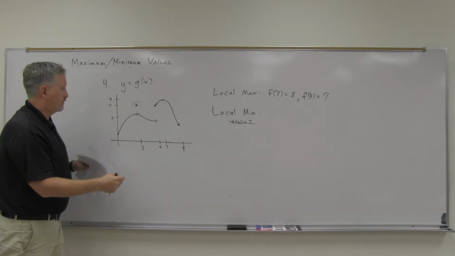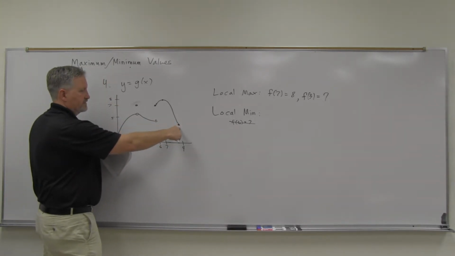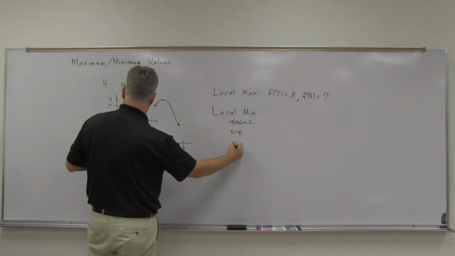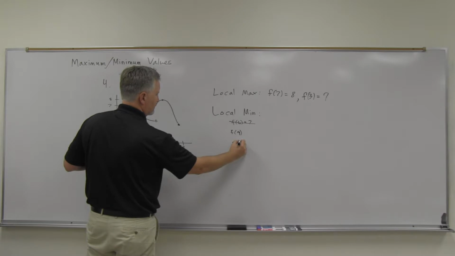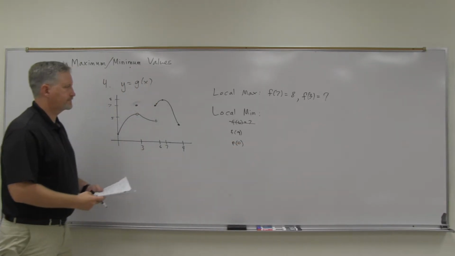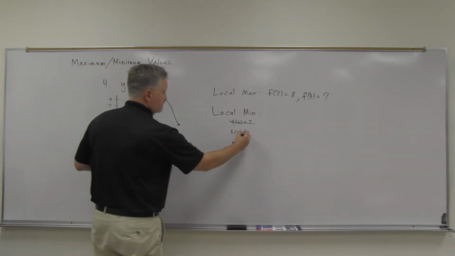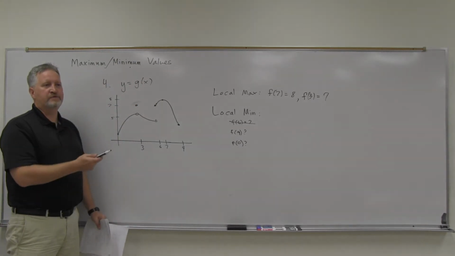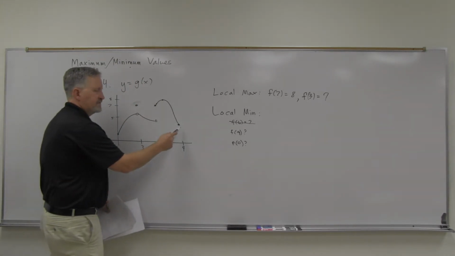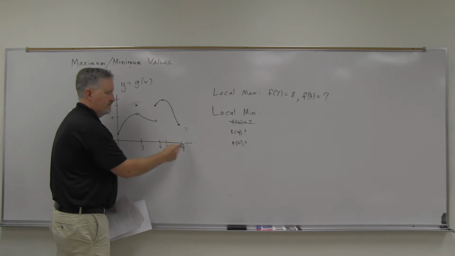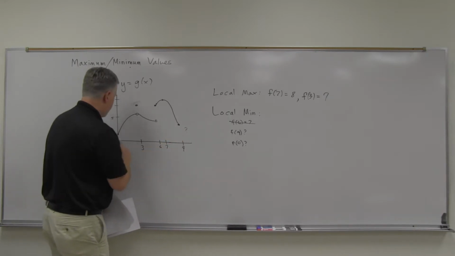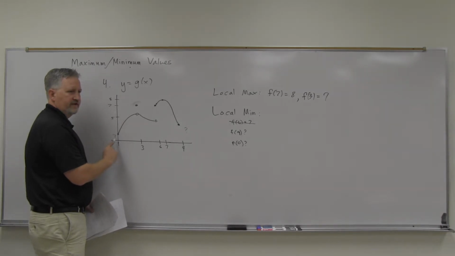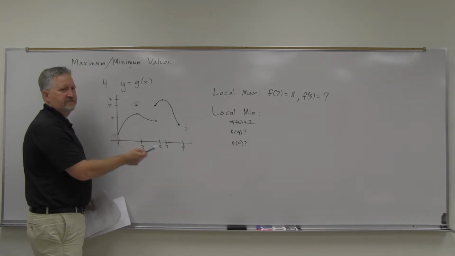Now, the other thing on the local mins, you might be looking at, what about these points? Well, the problem with those points is we don't know what happens on one side or the other of it. What happens to this side at 9? Or what happens at this side at 0, to the left? I don't know what happens to the left or right.